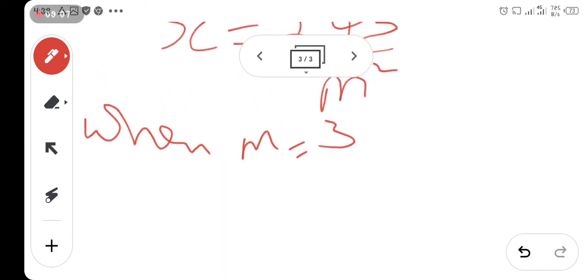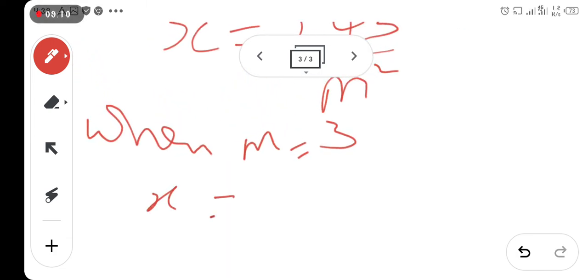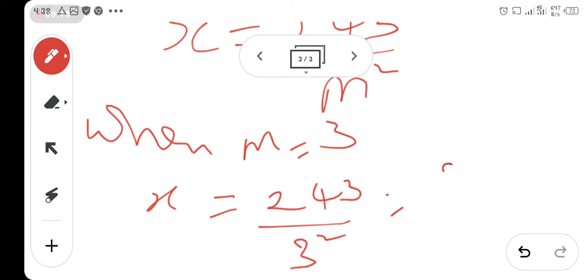So when m is 3, x will be 243 all over 3 squared, which gives us 243 all over 9.